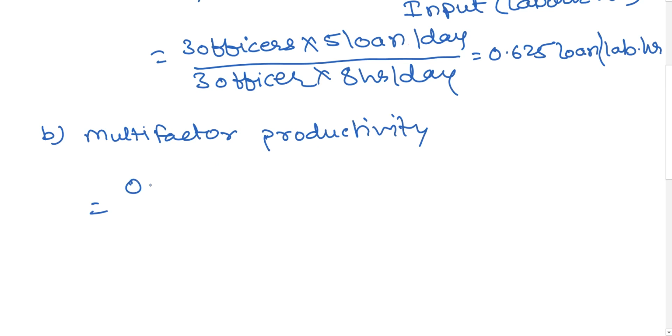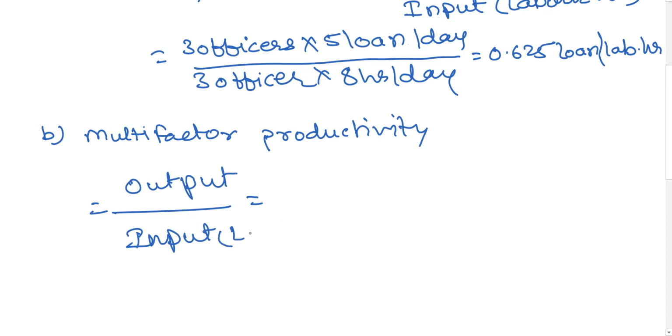So we know that the productivity is nothing but the output divided by input. In multi-factor we need to consider as input the labor cost plus overhead cost.